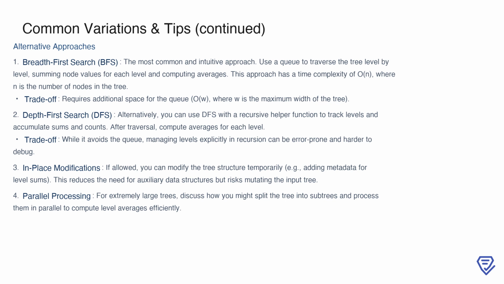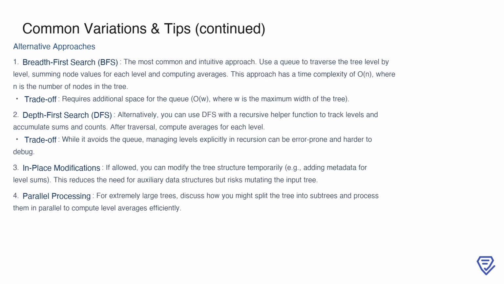However, it does require additional space to store the queue, which can grow as large as the maximum width of the tree. Another approach is depth-first search, or DFS, which uses recursion to traverse the tree. By maintaining a helper function that tracks the level, you can accumulate sums and counts for each level. Once the traversal is complete, you can compute the averages. While DFS avoids using a queue, managing levels explicitly in recursion can be tricky and prone to errors.